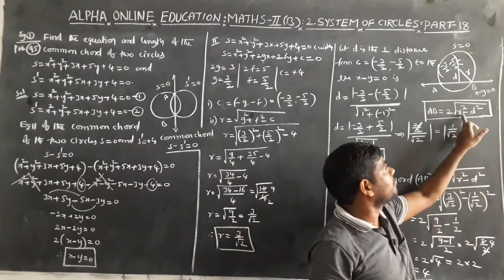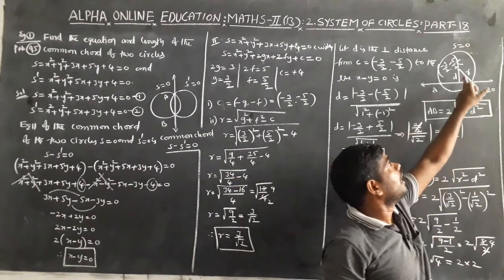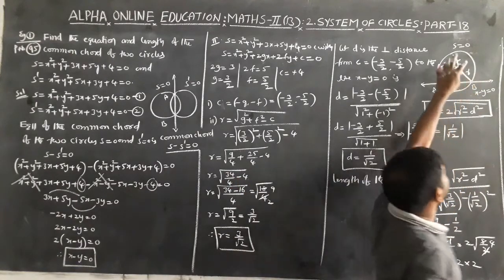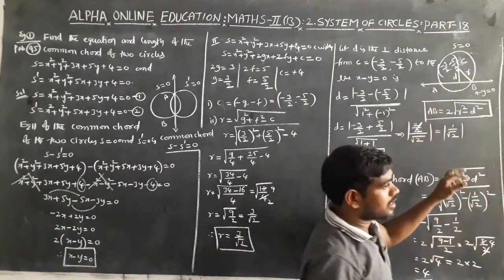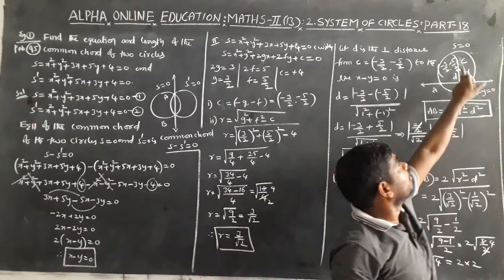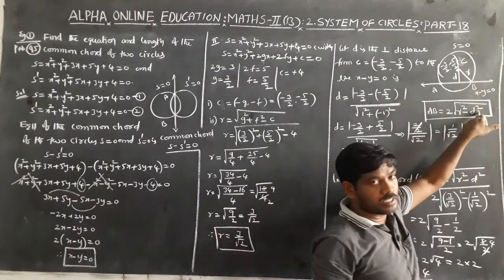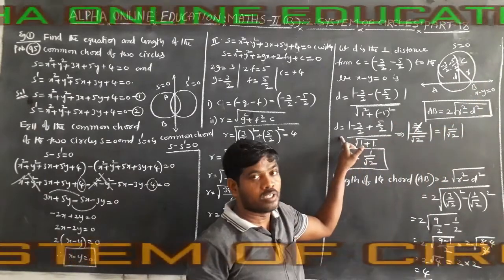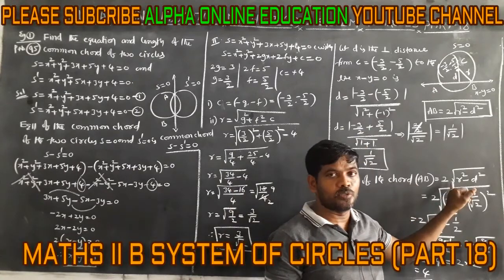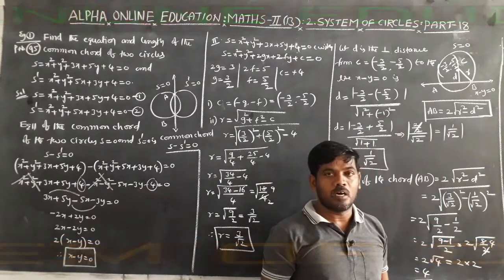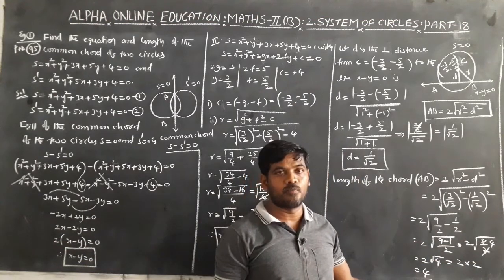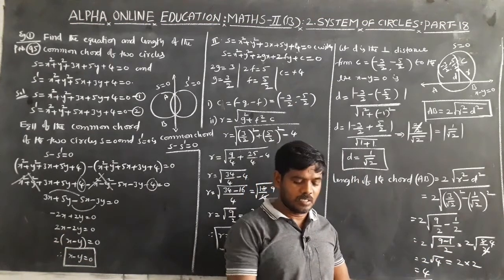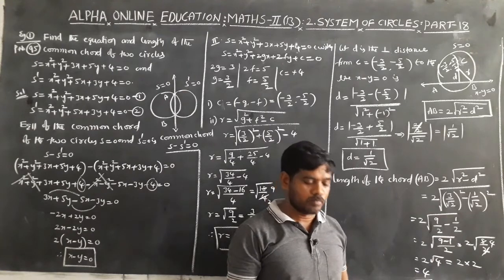First of all, find the center and radius of the circle. Again, find the perpendicular distance from the center to the line. Length of the chord is equal to 2 into under root of r square minus d square. Here the length of the chord is equal to 4 is the answer. This is the process, most important problem.